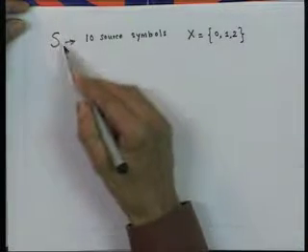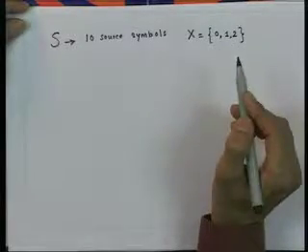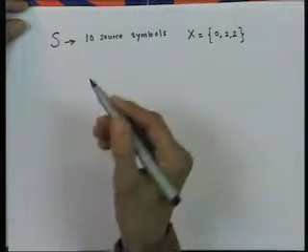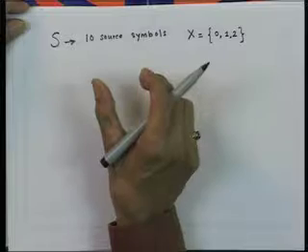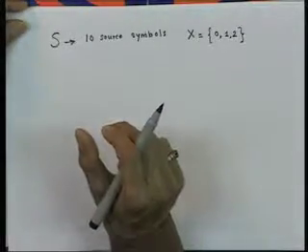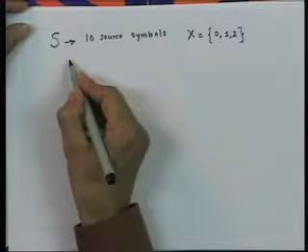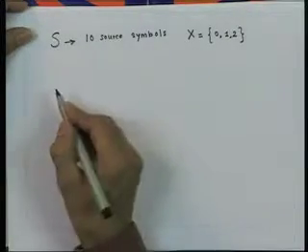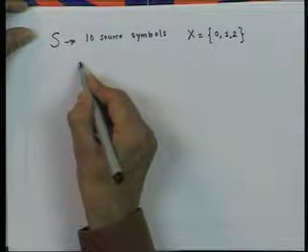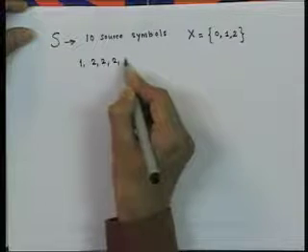I want to code this source into a trinary instantaneous code, and I have also been given the code word lengths for these source symbols. Let me assume that the code word lengths corresponding to these 10 source symbols are 1, 2, 2, and so on.